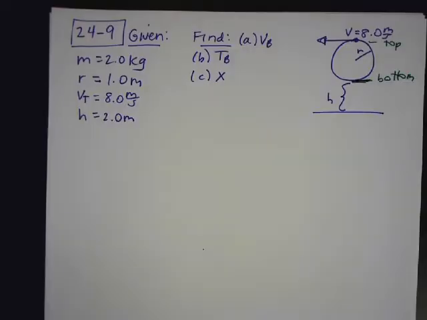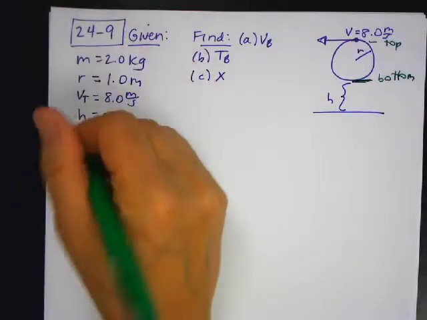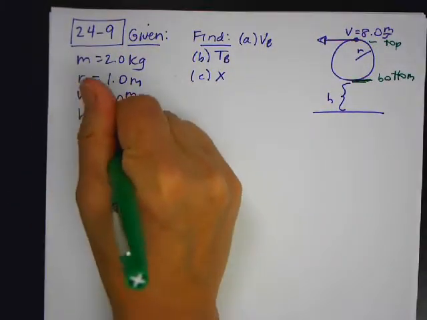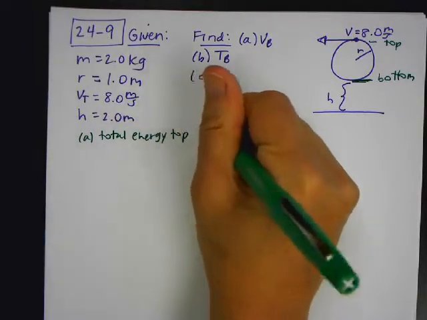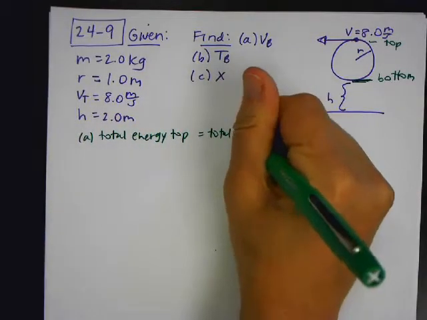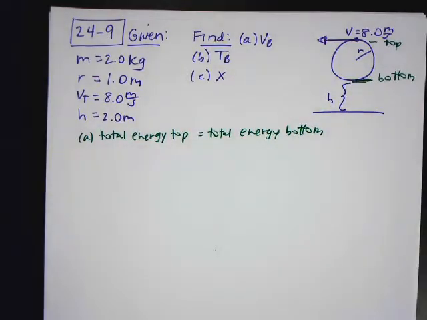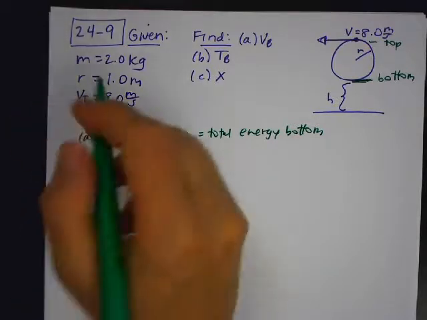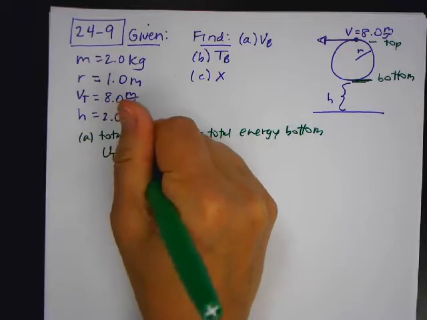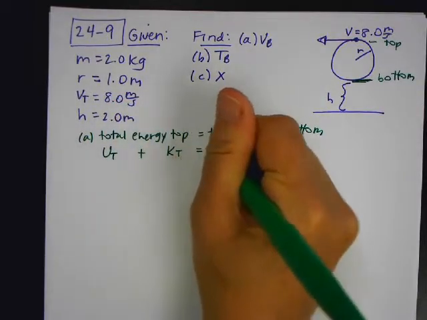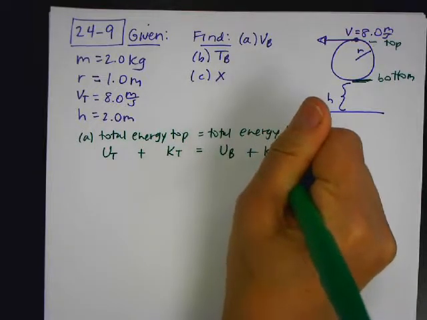Conservation of energy says, basically in layman's terms, that the total energy at the top is equal to the total energy at the bottom. In this case, all we're concerned with is potential and kinetic energy. So the total energy at the top, UT plus KT, is equal to UB plus KB.